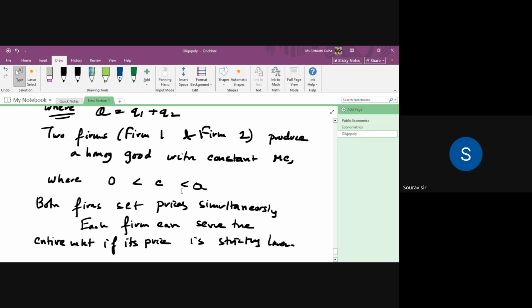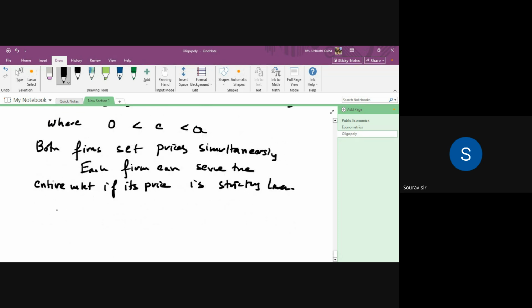Very usual. Why would I buy at the higher price? I will buy at the lower price. So if prices are equal, what will they do? They will split the demand equally. That is also obvious. One cannot supply the full demand.